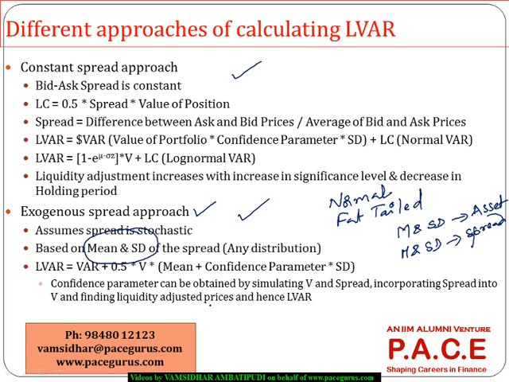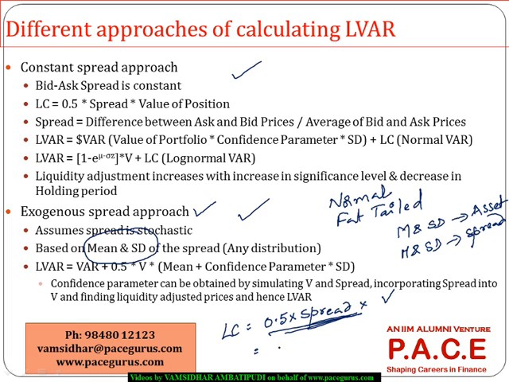In that case, the liquidity cost is simple. Earlier we talked about liquidity cost as 0.5 times the spread times V, where the spread was a constant, half of the total spread between the ask and the bid prices.